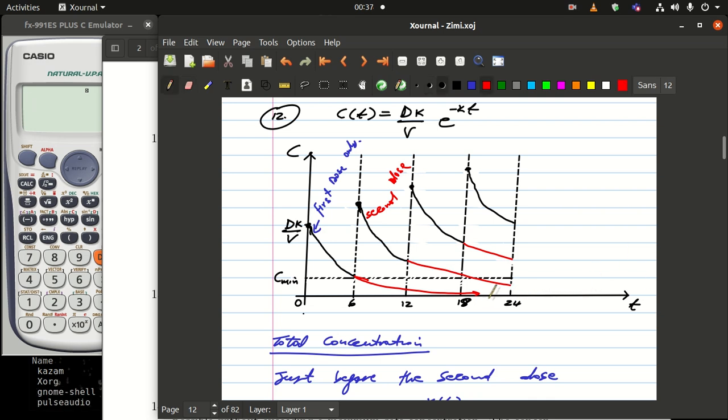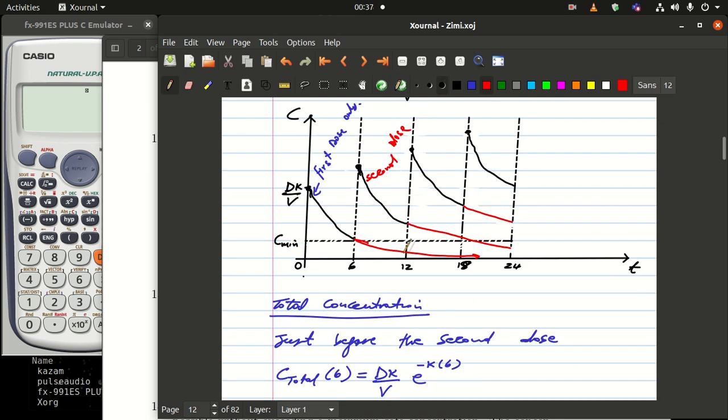Now let us look at this concentration, because before we get to this concentration here, I want us to realize that we added the concentration concerning the second dose and also the concentration of the first dose, because it kept continuing. That's why we ended up getting this bigger curve here.